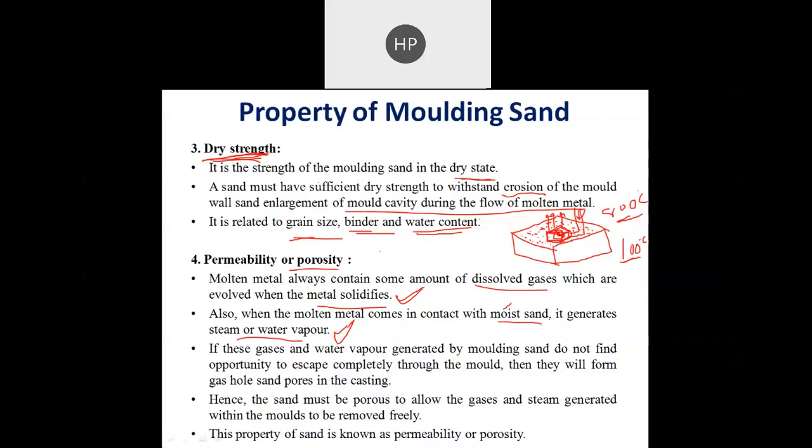All the gases generated, either as dissolved gas or as steam or vapor, must escape through the mold cavity. Otherwise they will be trapped inside the molten metal and create bubbles, which are a kind of casting defect. So the property we require is that the sand should allow all these generated gases to escape completely from the mold.